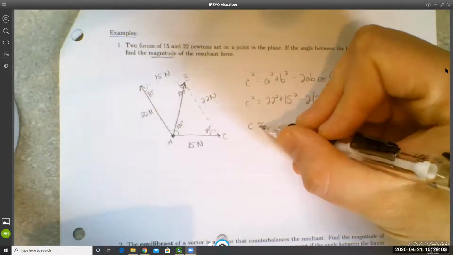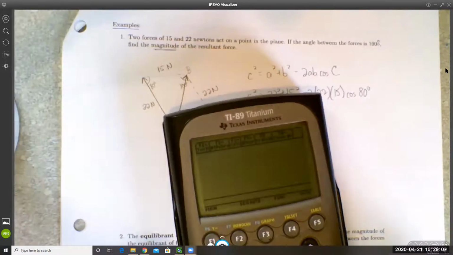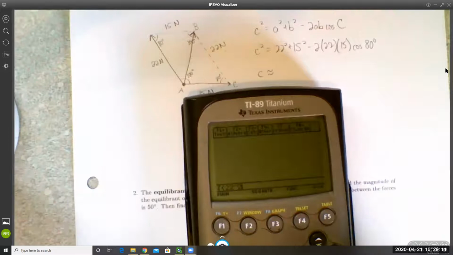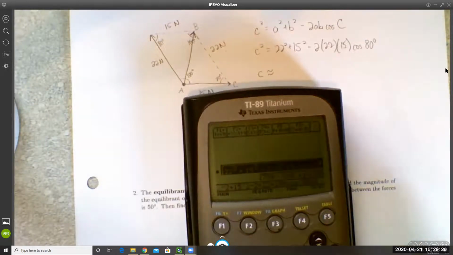So I'm just going to go ahead and take the square root of this nasty thing. So we'll have the square root of 22 squared plus 15 squared minus 2 times 22 times 15 times cosine of 80. Make sure you're in degree mode. Okay. Yep, that's all in there correctly. That looks pretty good.